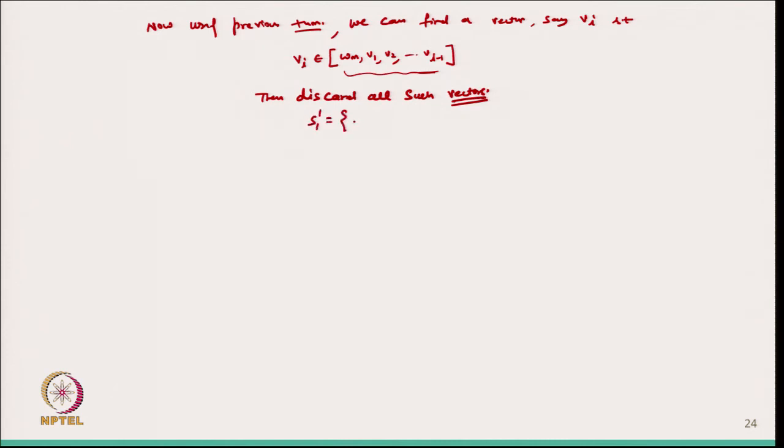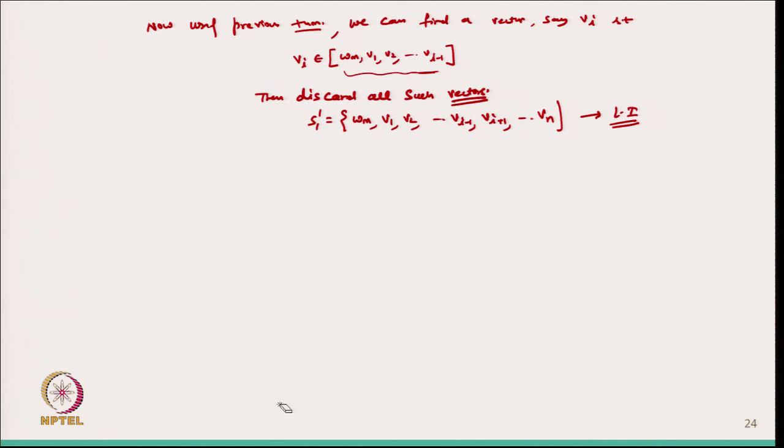So, S1 dash is Wm, V1, V2, up to Vi minus 1, Vi plus 1, and so on. So, definitely this is linearly independent. Okay, so, we are done till here.